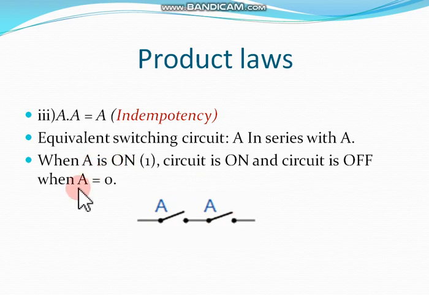And if A is equal to 0, the circuit is going to be off. If A is 0 and A is 0 as illustrated, both of them are open, electricity won't go through and the bulb won't go on. As a result, it will carry on whatever value A is. So if A is 0, the circuit will be off. If A is 1, the circuit will be on.